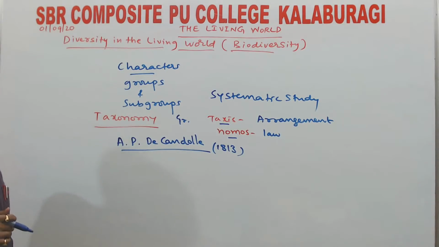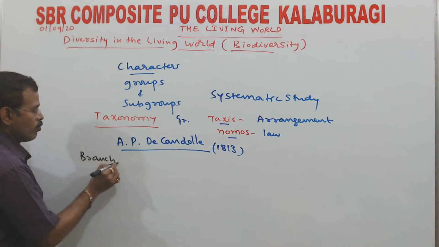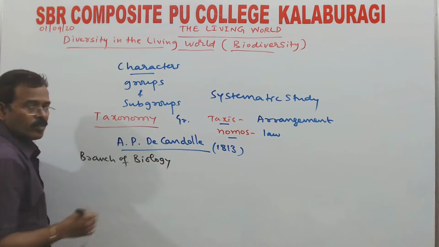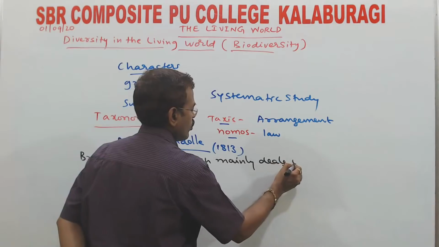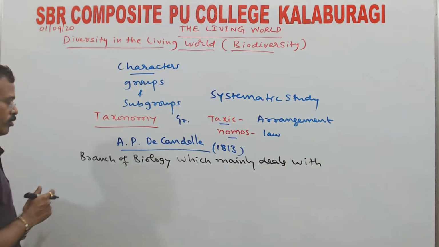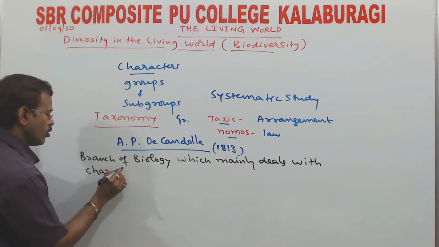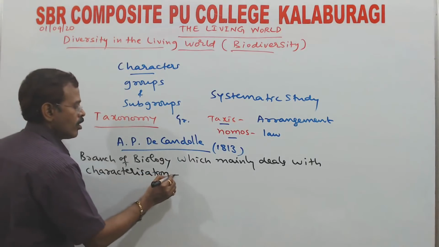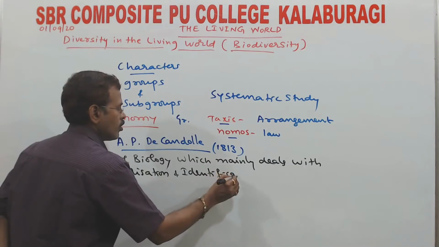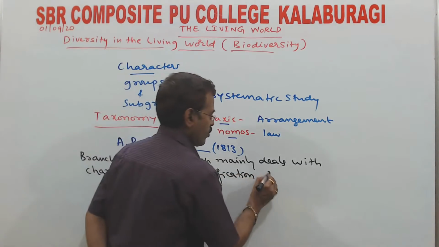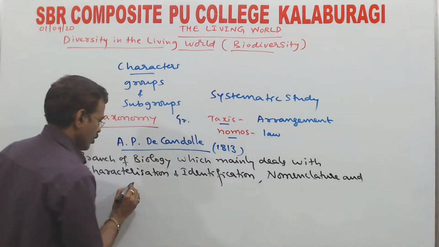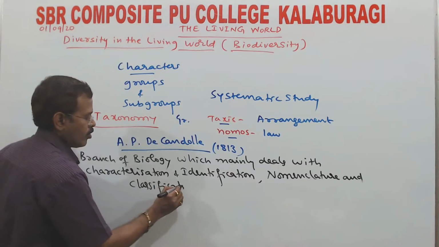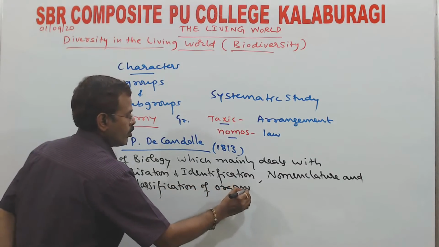So what is this taxonomy? Taxonomy is the branch of biology which mainly deals with characterization and identification, nomenclature, and classification of organisms.